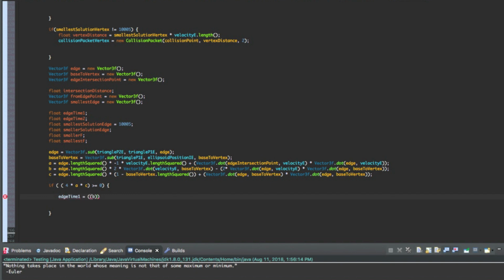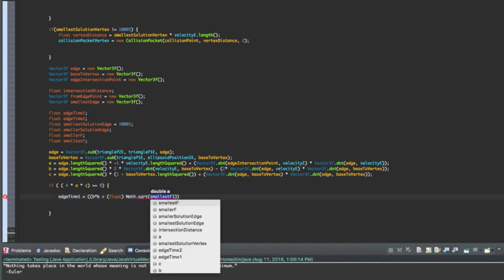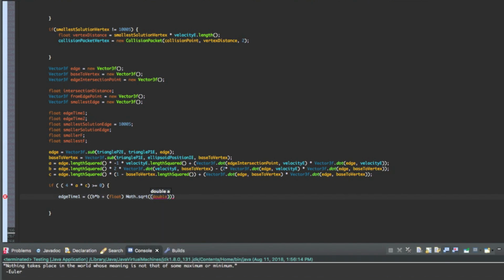So we'll say that edge time 1 is equal to, once again, the messed up quadratic formula that I was using, and I will fix this at the end. It should be negative b plus the square root of b squared minus 4ac divided by 2a. And I'll speed this part up again.